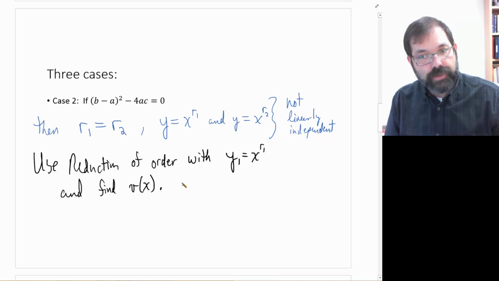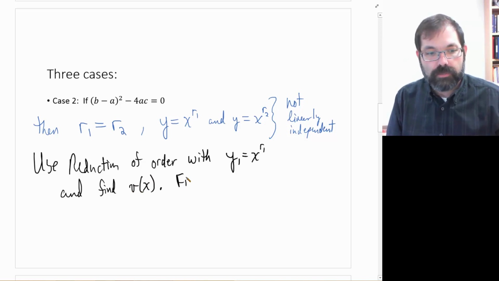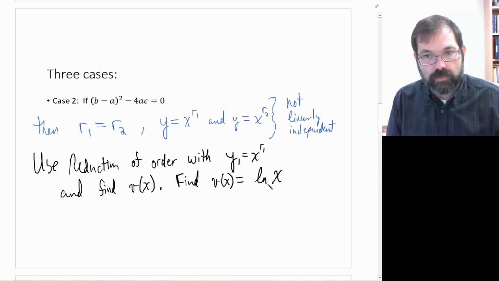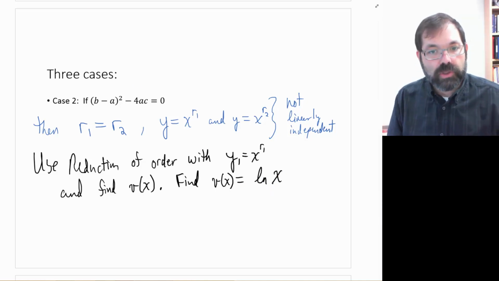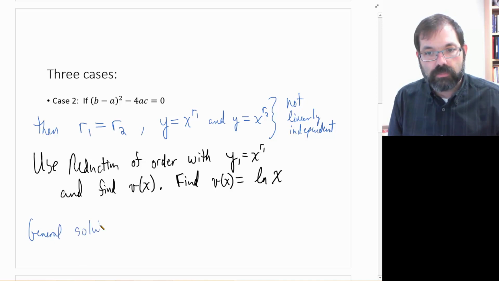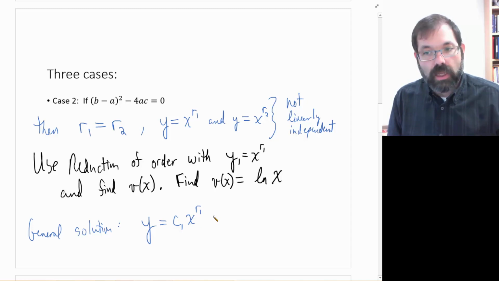It turns out that the v of x is equal to the natural log of x. So our general solution then is y equals c1 x to the r1 plus c2 times the natural log of x times x to the r1.